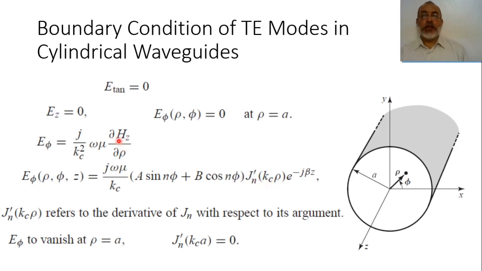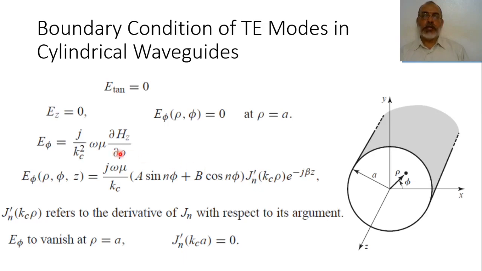So the derivative of Hz would involve the derivative of the Bessel function, and we make the notation J dash for the first derivative of the Bessel function of order n.